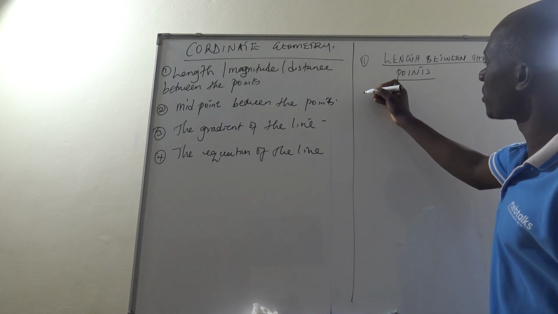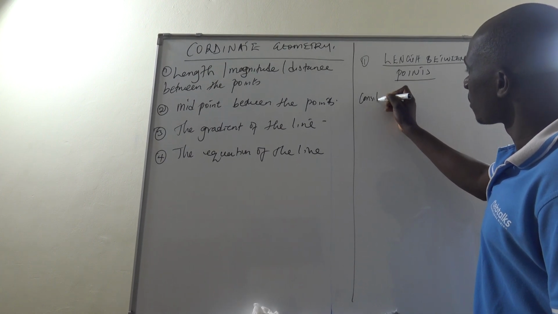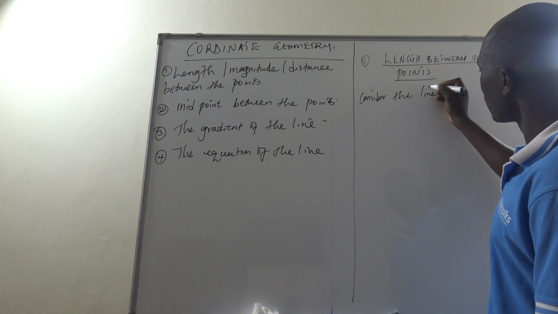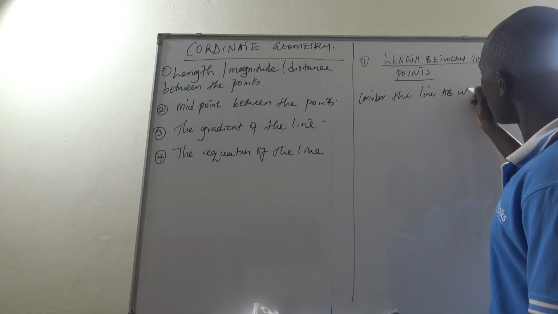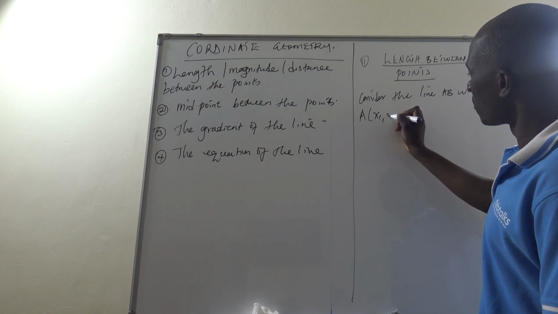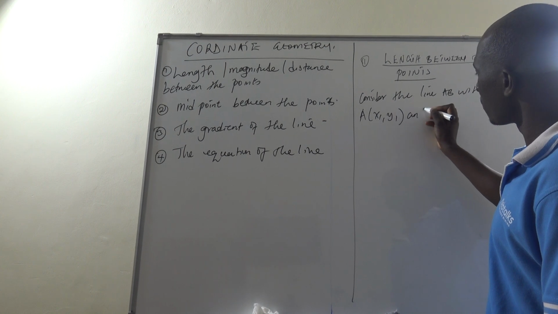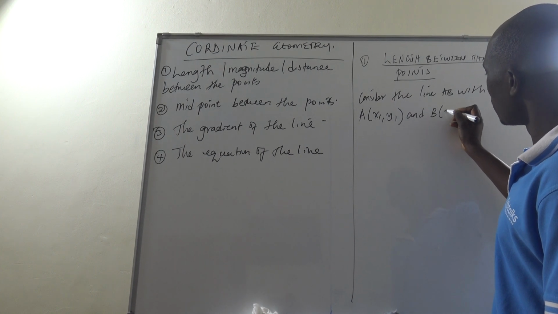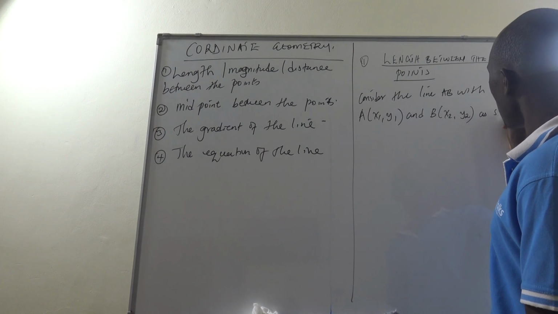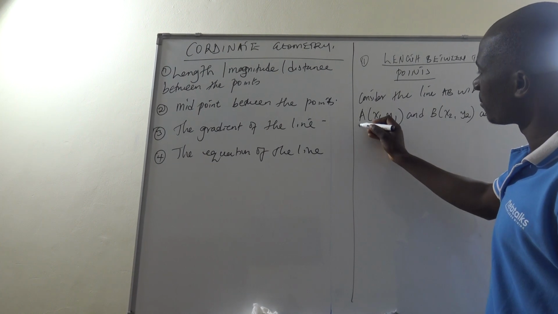So you can say, consider the line AB with A (x1, y1) and B (x2, y2) as shown below.